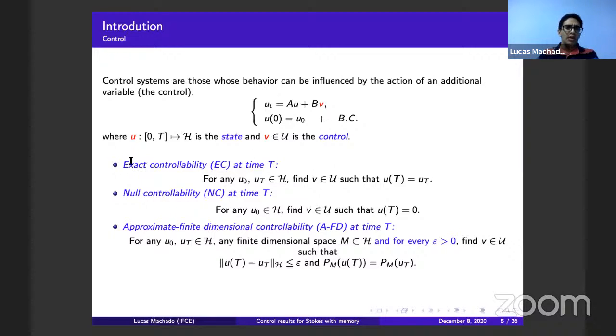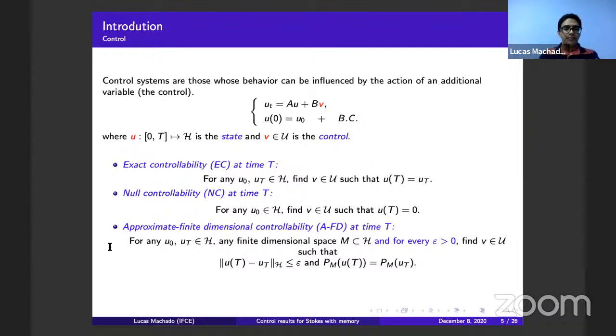For exact controllability, we start from an initial data u0, and using control v, we can drive the solution u at time T to a desired final state uT, okay? And null controllability is a particular case where the final state is null, okay?